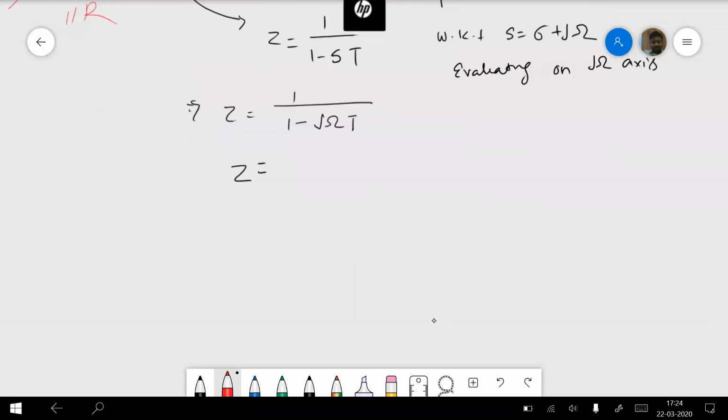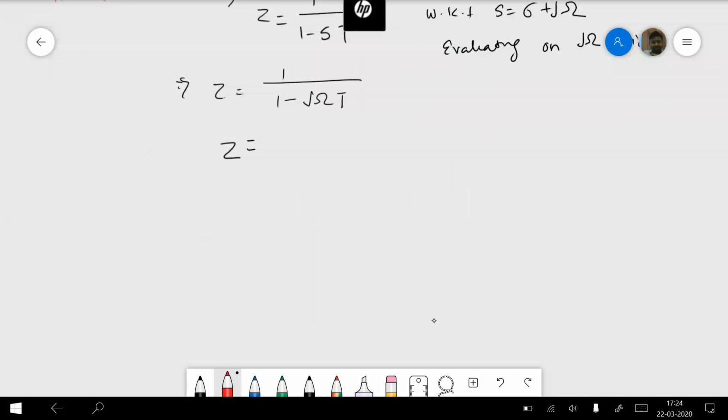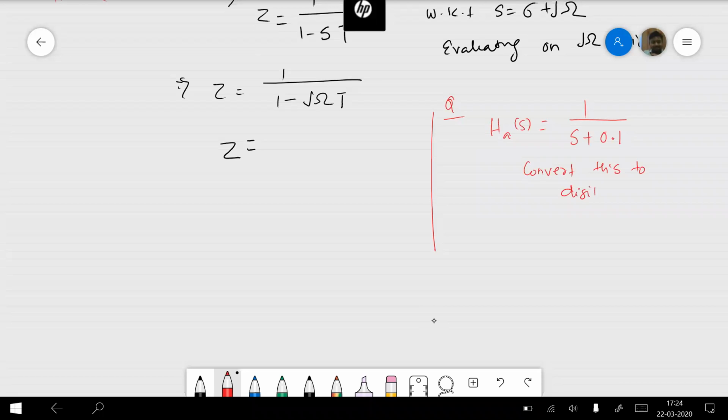So let's solve a simple problem over here. Suppose a question is given to you that H A of s equals 1 divided by s plus 0.1. Convert this to digital IIR, right?